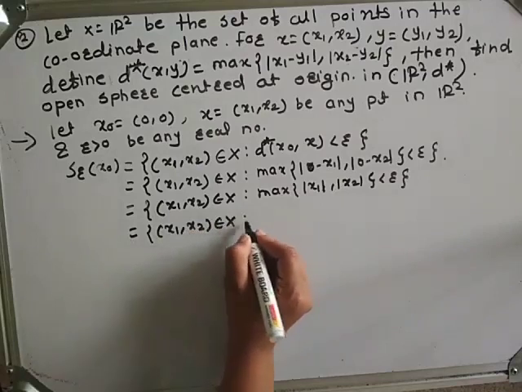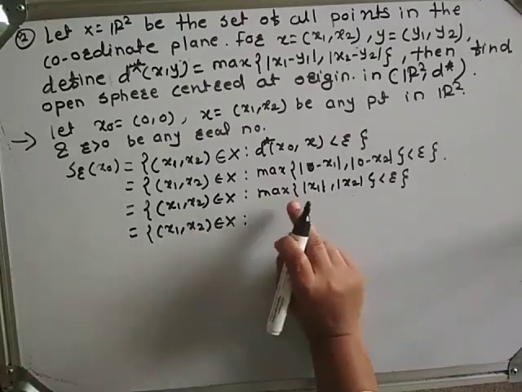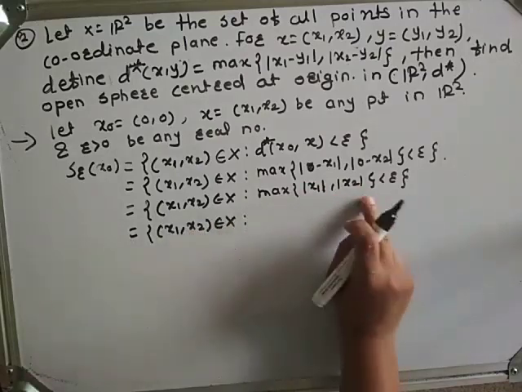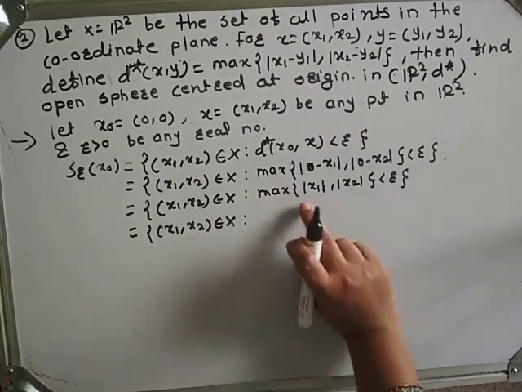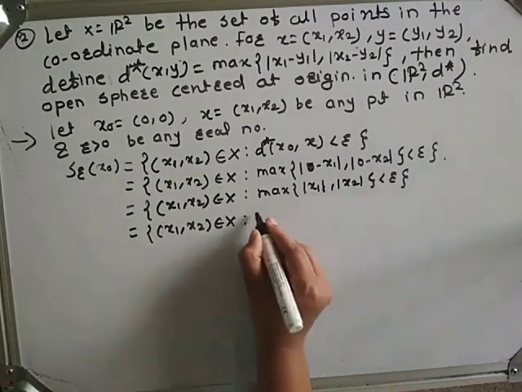which is equal to the set of all (x1, x2) belonging to capital X such that, see here, the maximum of these two numbers is strictly less than r, which means both these numbers are strictly less than r.